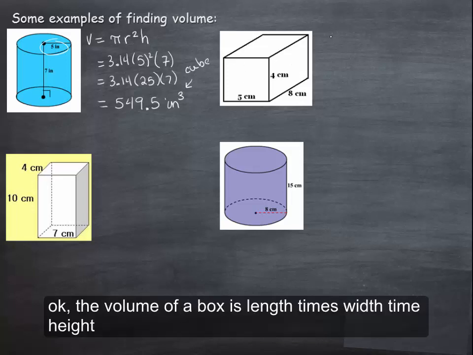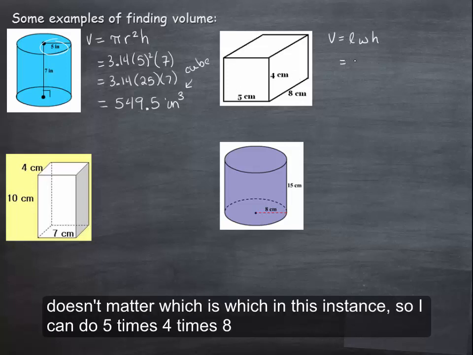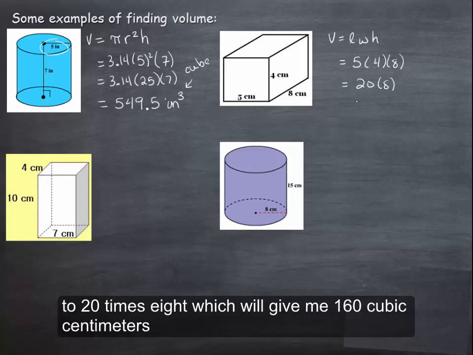Okay, the volume of a box is length times width times height. Doesn't really matter which is which in this instance, so I can do just 5 times 4 times 8, which gives me 20 times 8, which will give me 160 cubic centimeters.